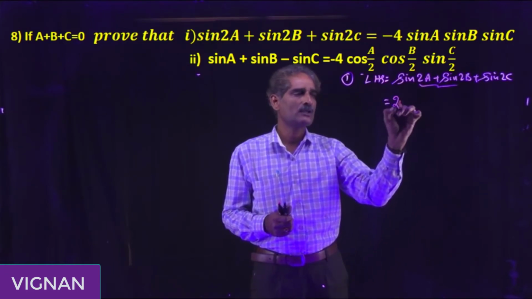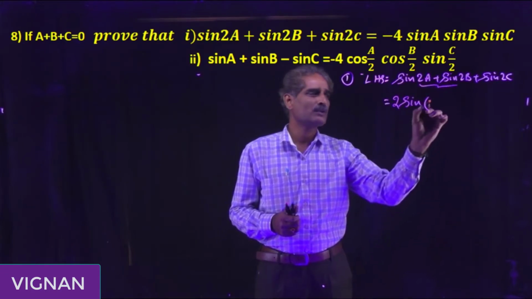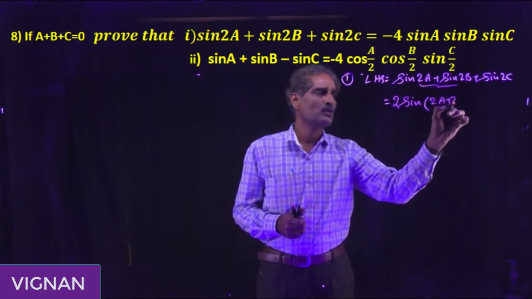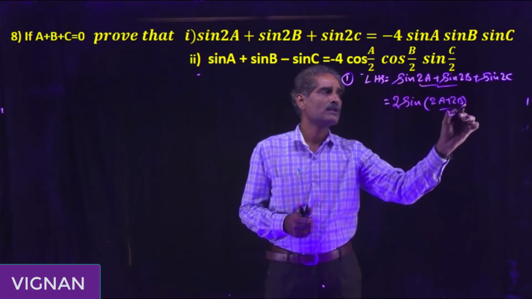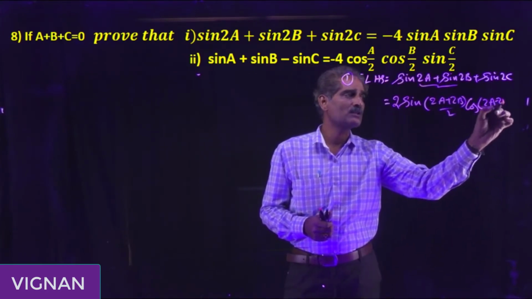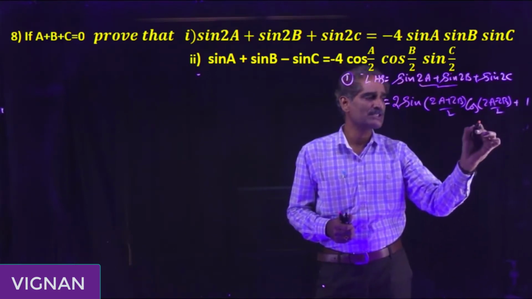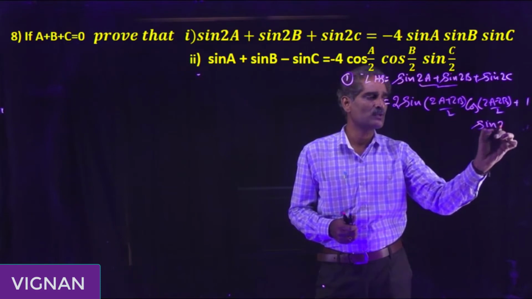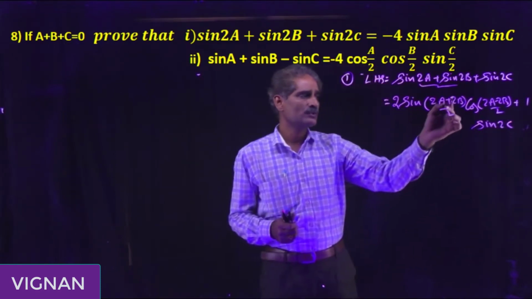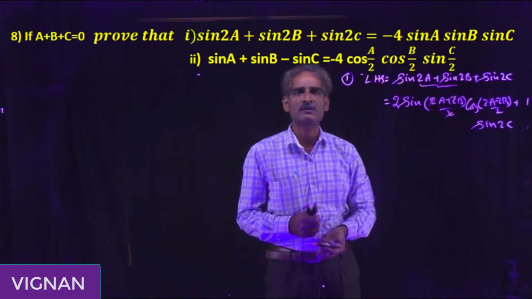That means 2 sin of (2a plus 2b) by 2, cos of (2a minus 2b) by 2, plus sin 2c. Just observe that the 2 is common in the numerator, these will get cancelled.